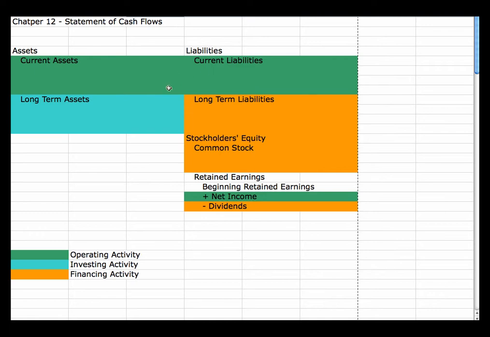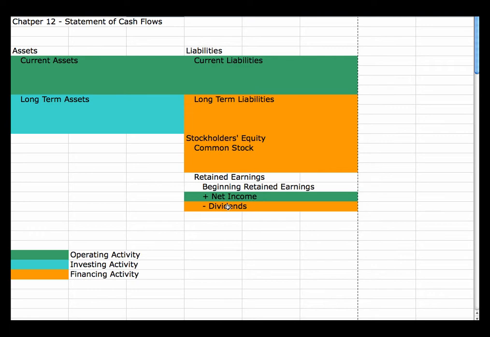If you identify the changes in the long-term assets section of the balance sheet, you'll have the information to create the investing activities section of the statement of cash flows. And then finally, if you find the changes in accounts for the long-term liabilities and in the stockholders' equity section, the common stock and the dividend sections, you'll have the information for the financing activities.